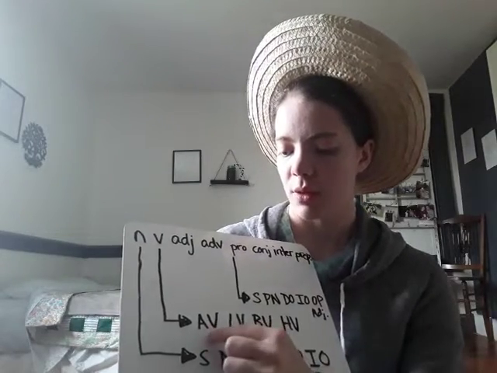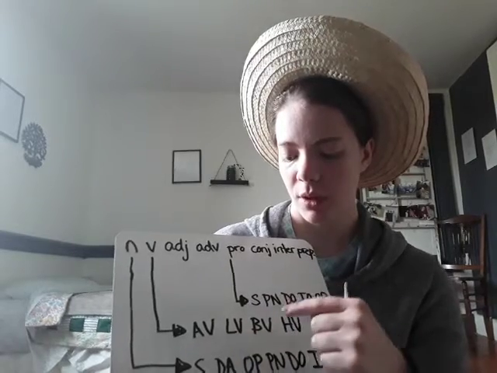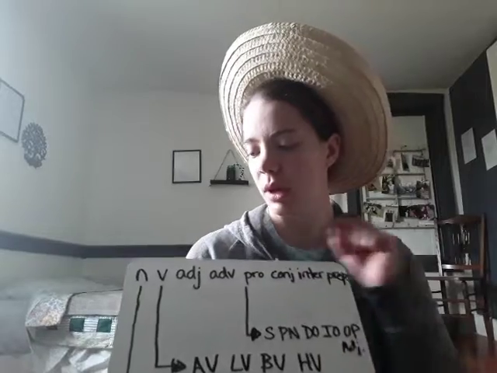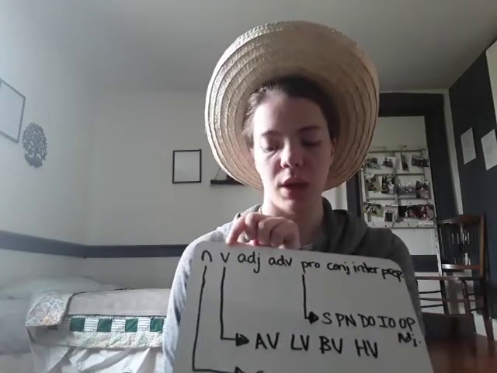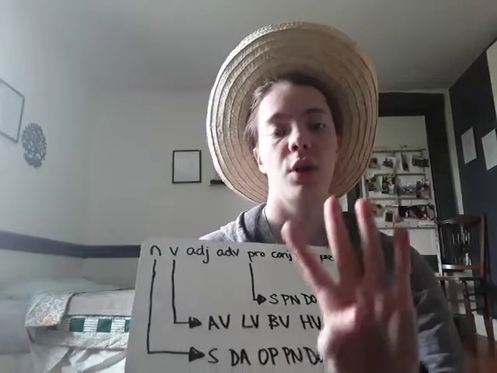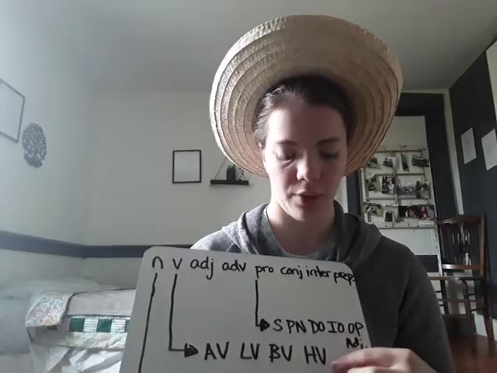They can either be used as an action verb, a linking verb, a being verb, or a helping verb. Okay? So again, verb is the part of speech, but the verb can function or be used 4 different ways: as action verbs, linking verbs, being verbs, and helping verbs.